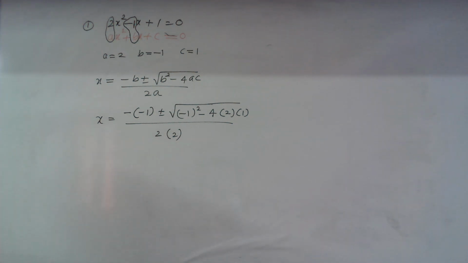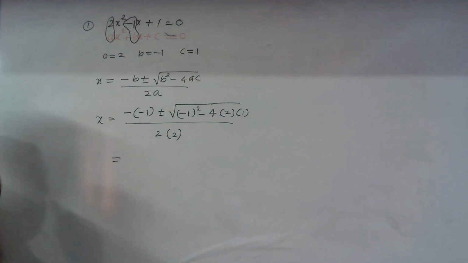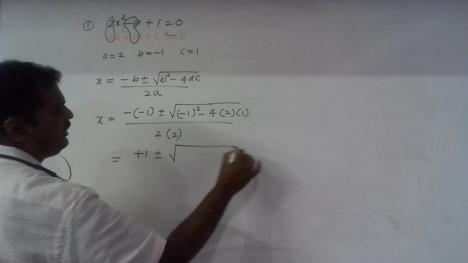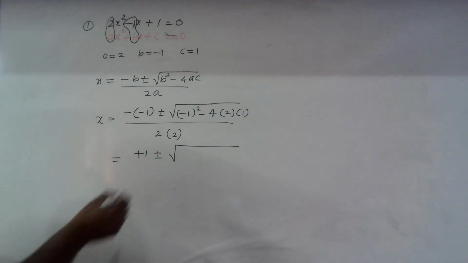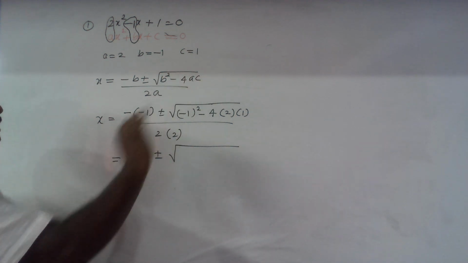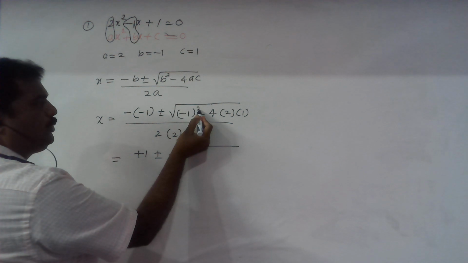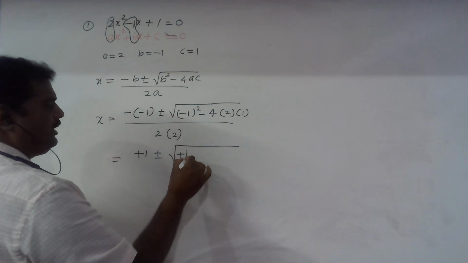Now once you have substituted in the formula, the next step is very important: simplification. Minus of minus 1 is plus 1, plus or minus root of the negative number to an even power. An even power, whether it is 2 or 4 or 6, whatever the even power, is always positive. Here the power is 2, so the negative number changes into plus, and 1 square is 1.